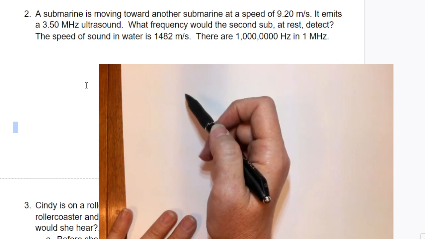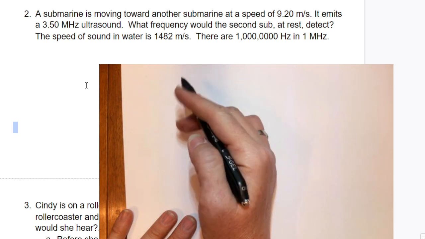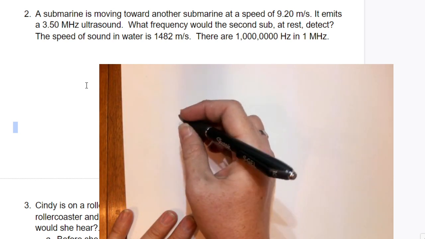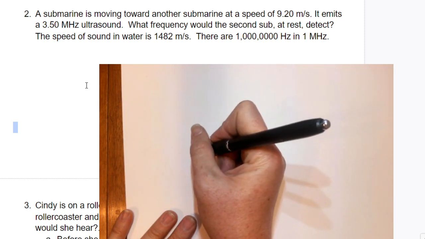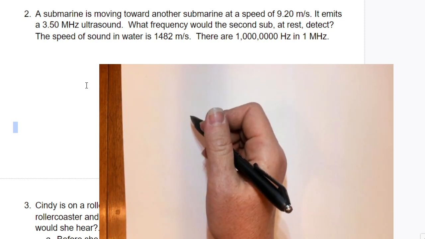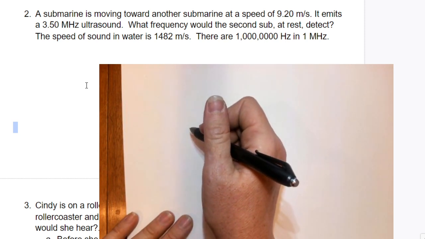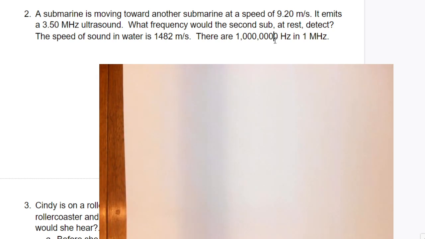It emits a 3.5 megahertz ultrasound. What frequency would the second sub at rest detect? The speed of sound in water is 1,482 meters per second. There are 1 million hertz in 1 megahertz.